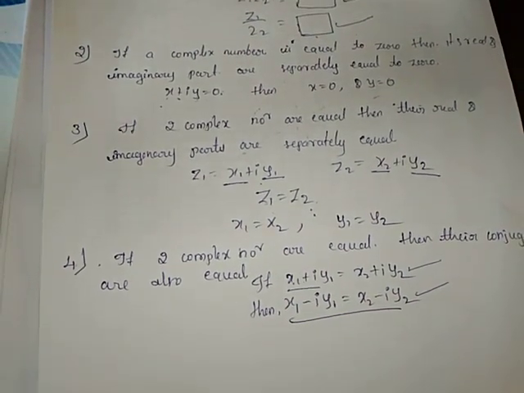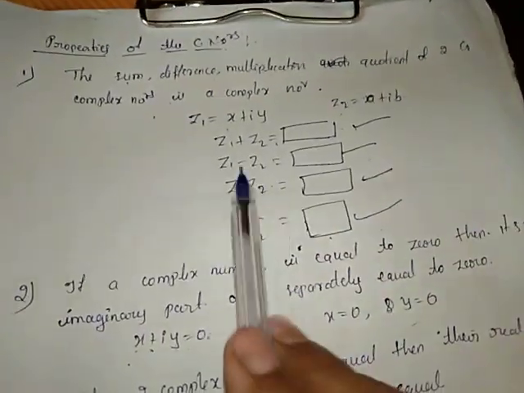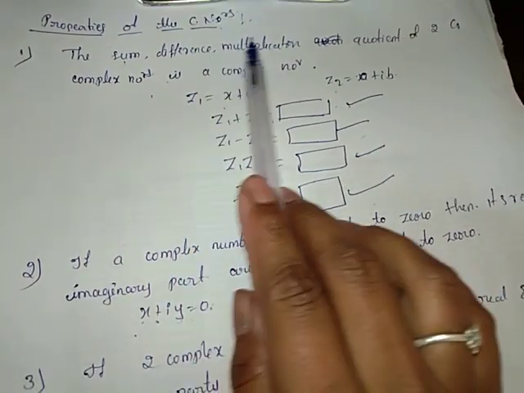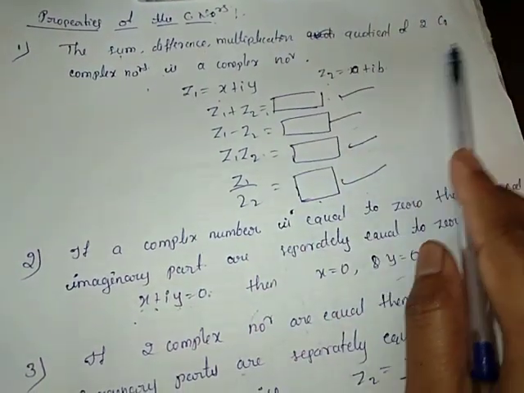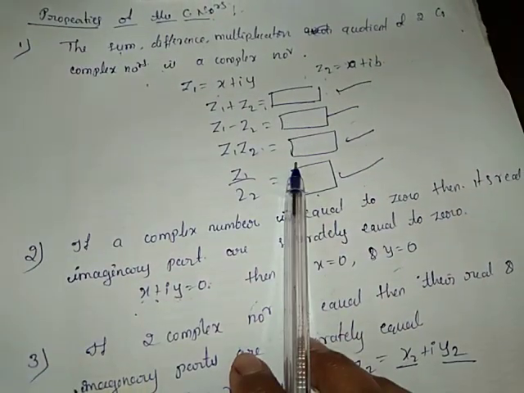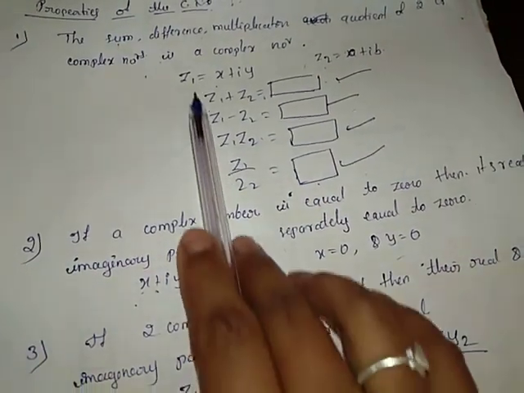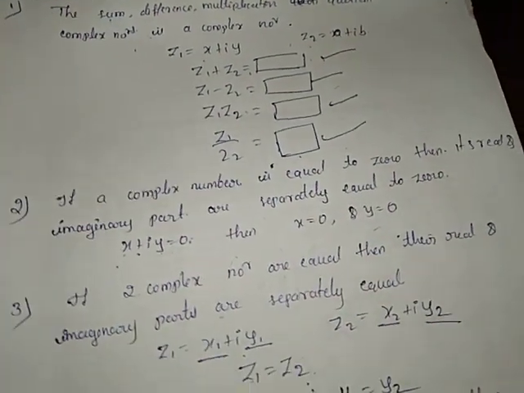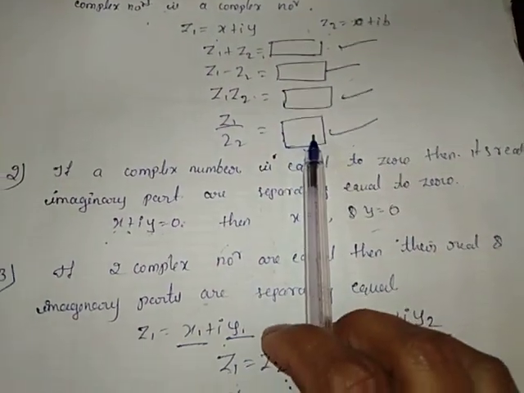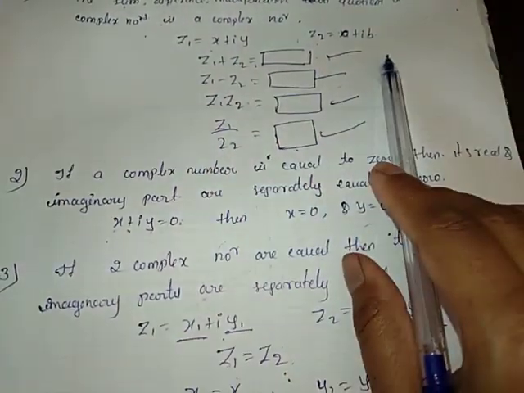So those are the main four properties of the complex number. The first property says that the sum, difference, multiplication, quotient of two complex numbers is again a complex number. We can easily verify that from the previous sessions on addition, subtraction, multiplication and quotient of complex numbers, where we have already explained examples.